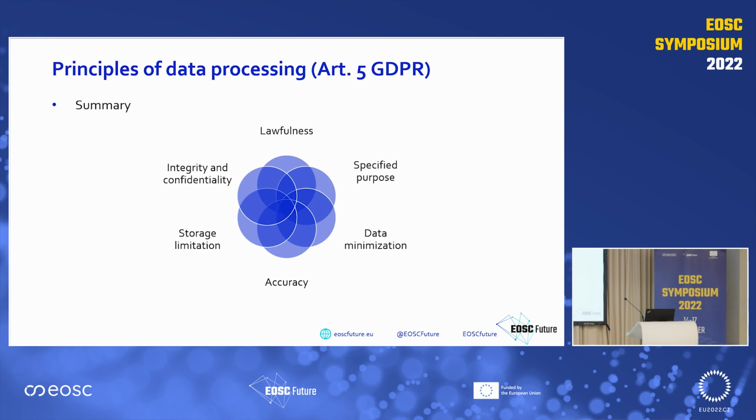Accuracy means that the data subject has the right that data related to him or her are processed in an accurate way. So for example, if I provide my address data, or these data are stored in a wrong way, or there's just false information stored in relation to me, I have the right to rectify or correct these data.